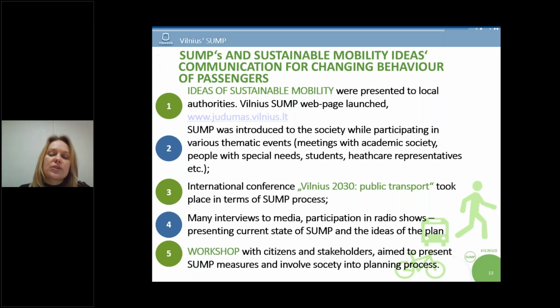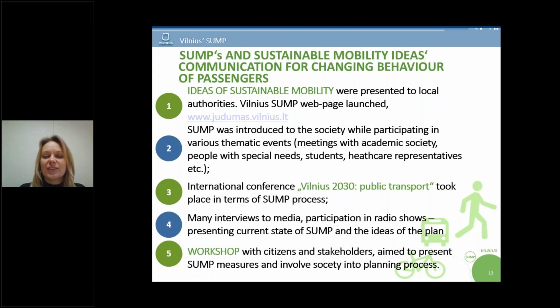So it's crucially important to really involve different stakeholders, different actors, academics, society, NGOs, and to work proactively with them. And I think what was very good in Vilnius, we made them believe and feel that the Vilnius SUMP is owned by everyone, not by the city only.